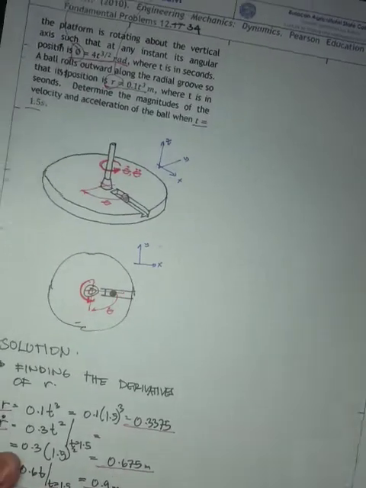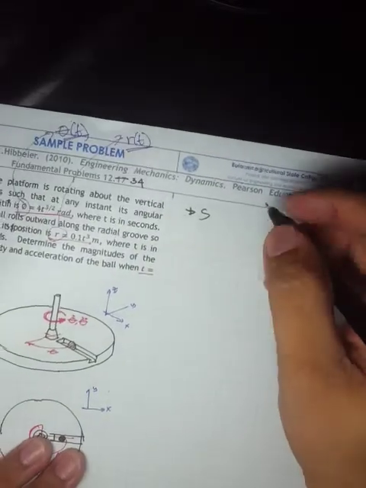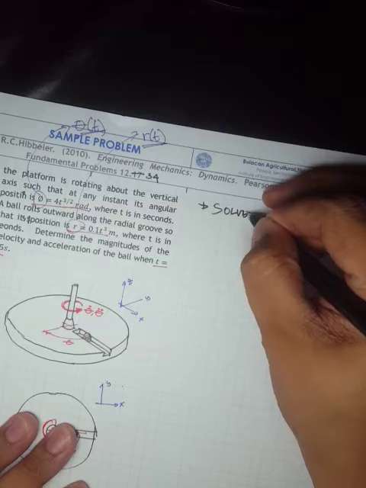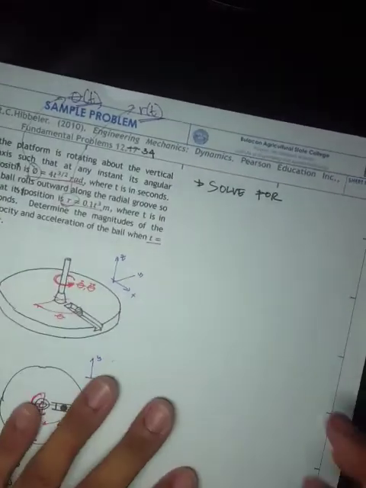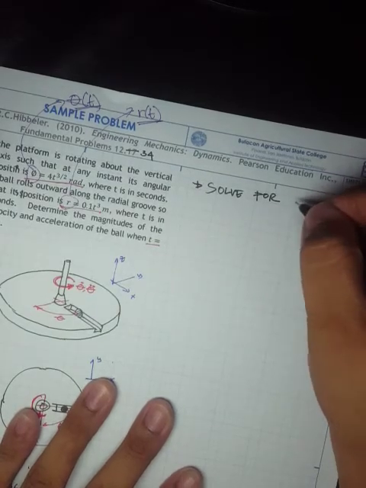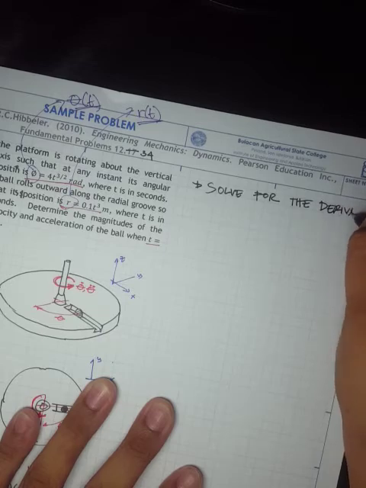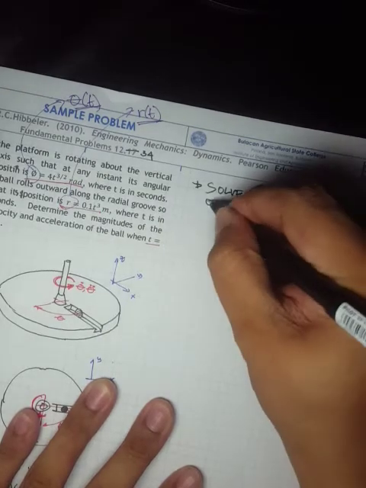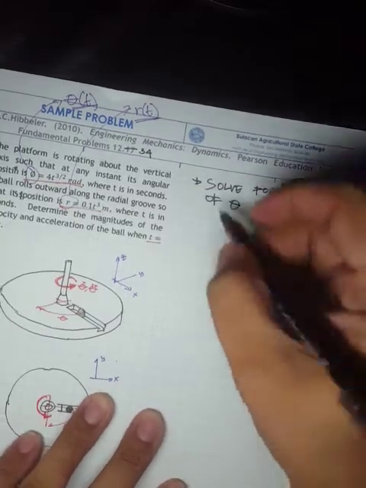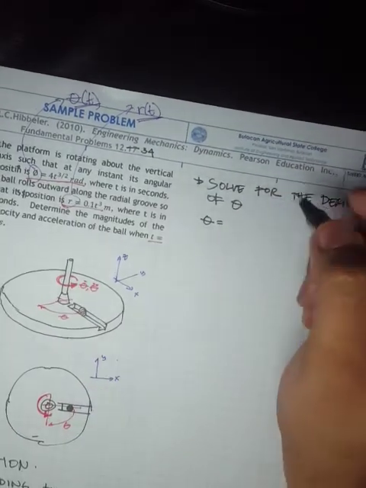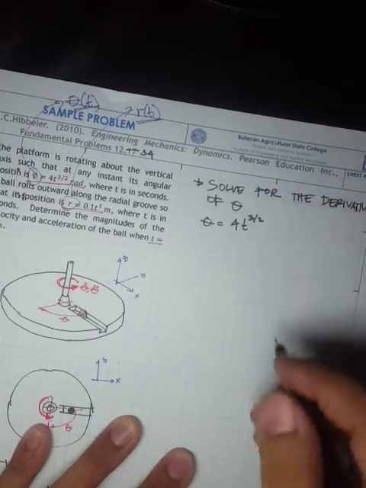Okay, so the next step is to solve for the derivatives of our angular position. So theta is equal to 4 t raised to 3 halves.